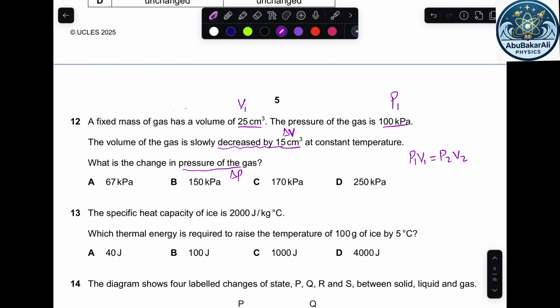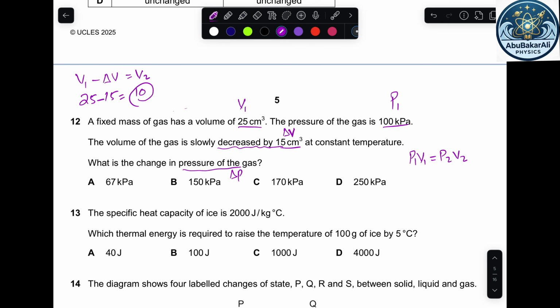So first let's find V2. V1 is the initial volume and it is decreasing by 15. That will equal V2, the final volume. Sorry, I was calling it pressure, it is volume actually. So 25 minus 15 gives 10. So V2 is 10, the final volume.